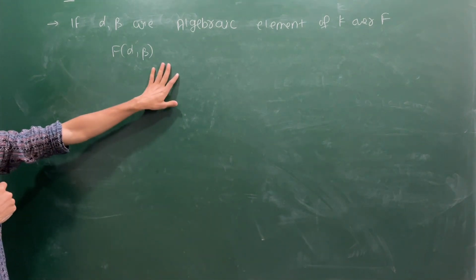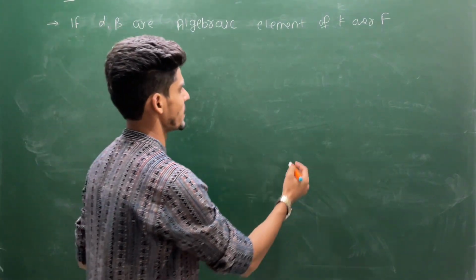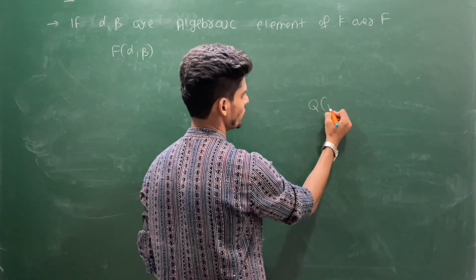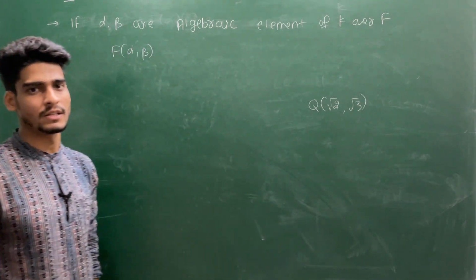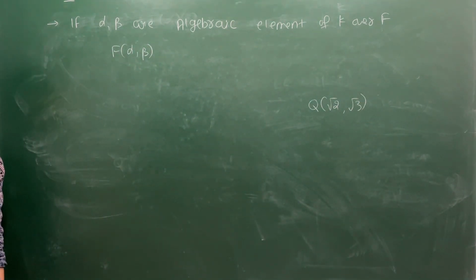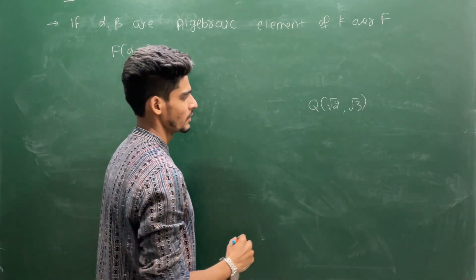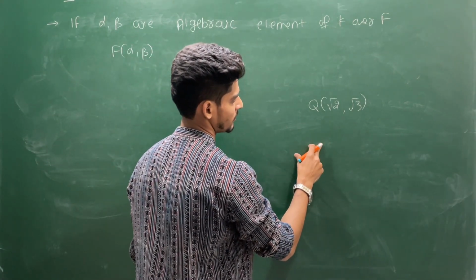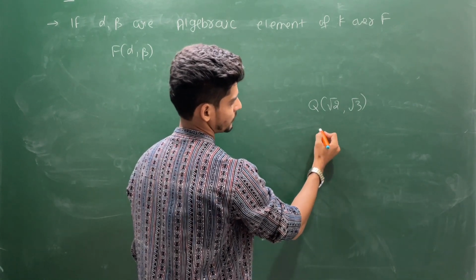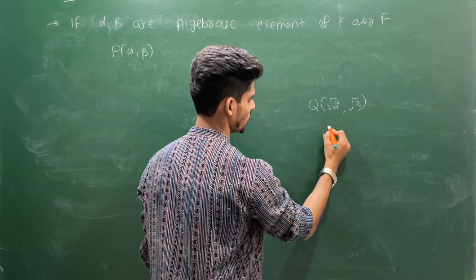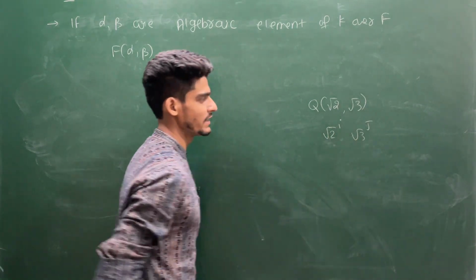Okay, let me give you one example so that you can think more about this. Suppose I adjoin to Q the square root of 2 and the square root of 3. I am asking for the basis directly. Can I take the basis like this, root 2 to the power i and root 3 to the power j? Can I take this basis?